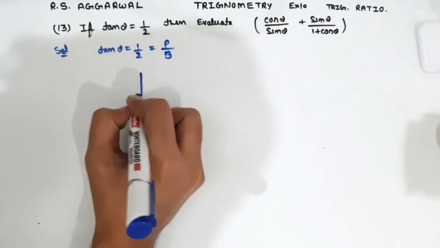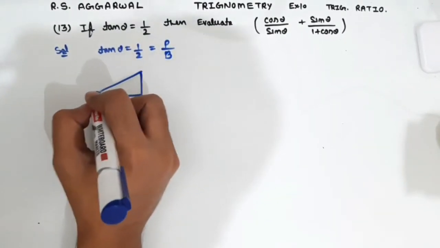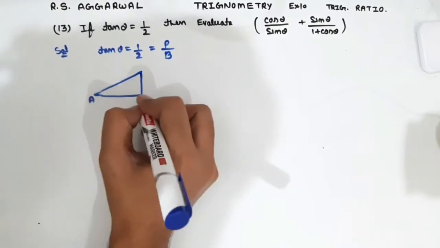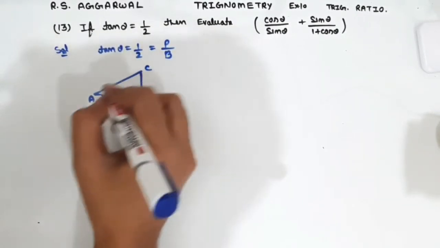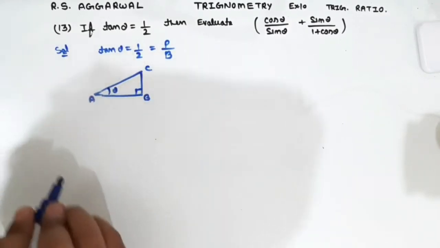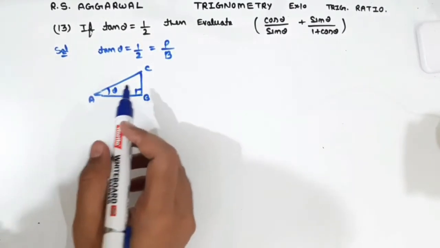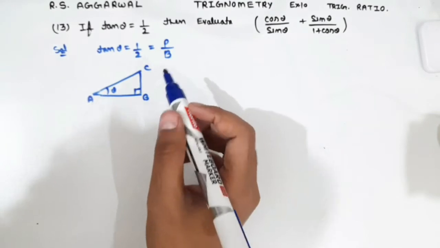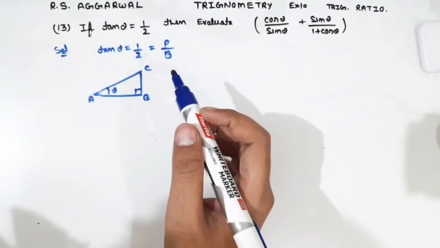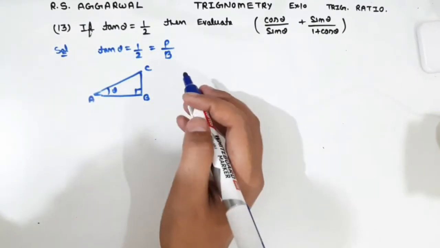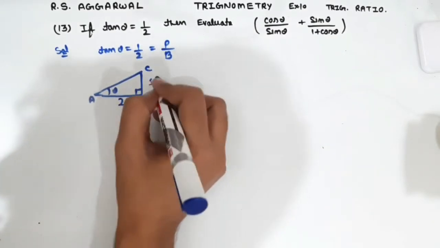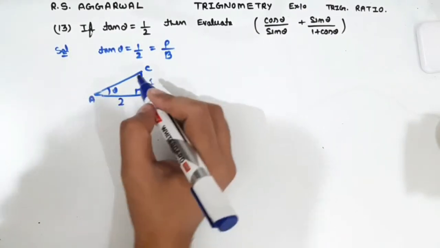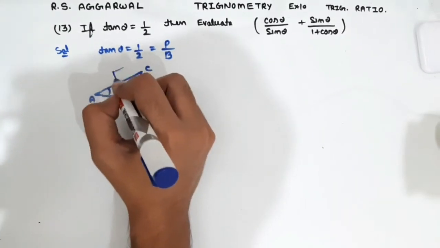So draw a right angle triangle ABC, in which angle A is theta. So our perpendicular will be 1 and base will be 2. So hypotenuse will be under root 5.